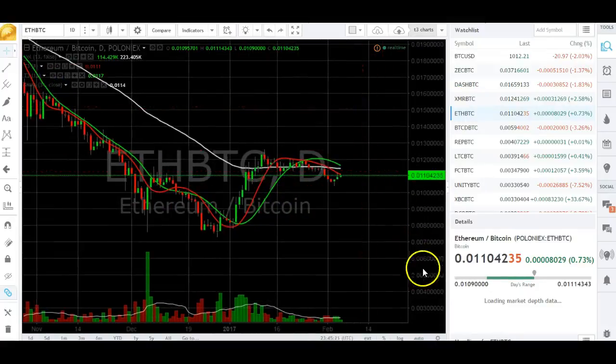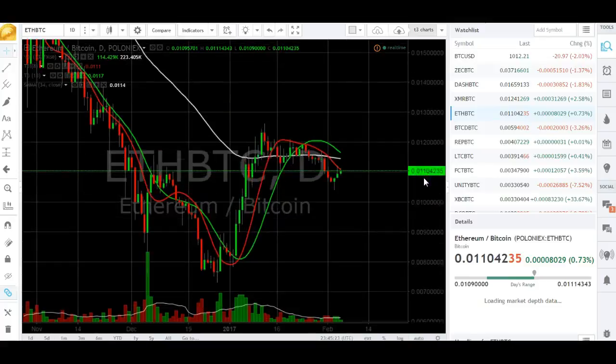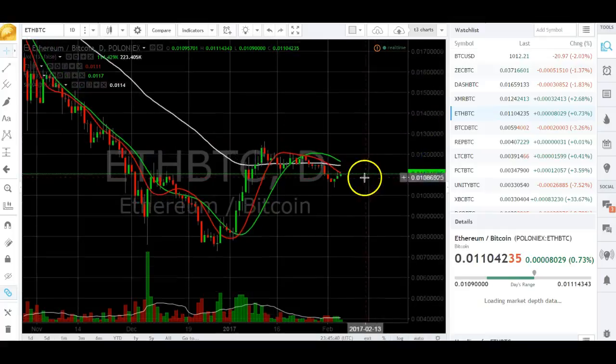Ethereum Bitcoin pair. Looks like we have a big breakdown. It looks like prices came all the way up past the 34, and looks like it needs to gather its legs to see if we can get above previous highs again for another breakout.